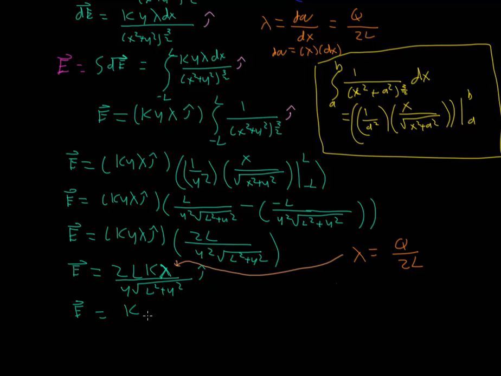So then you have your k that was there, and then q over y square root of L squared plus y squared, and it's in the j hat direction.